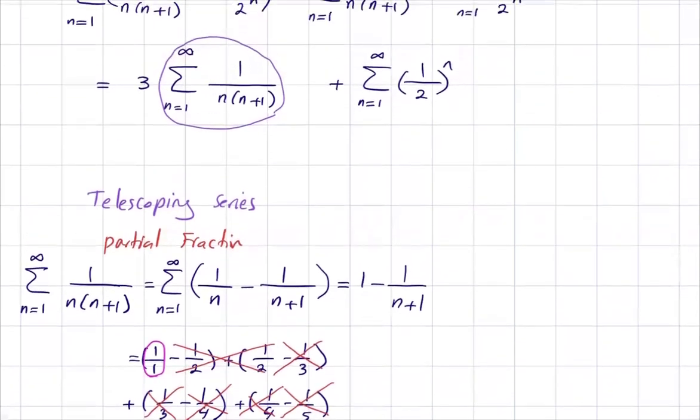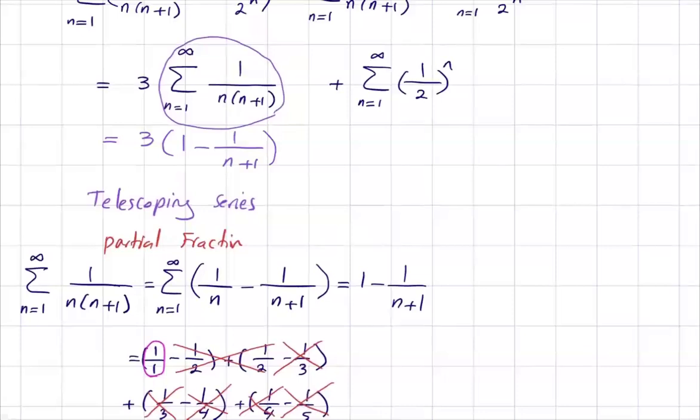So your first series is nothing but 3 times 1 minus 1 over n plus 1. And the limit of 1 over n plus 1 as n goes to infinity is equal to 0.